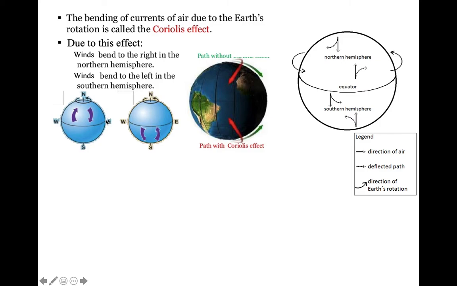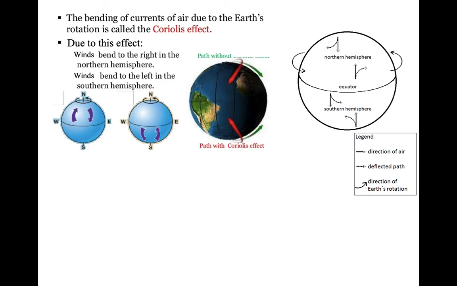So if you look at this diagram on the right hand side, because of the Coriolis effect, a wind blowing from the equatorial zone towards the mid latitudes will be deflected to the right in the direction of the wind blowing. And if there is a polar jet stream or polar wind coming down from the north towards the mid latitudes, again in the northern hemisphere, that particular wind system is going to bend to the right.